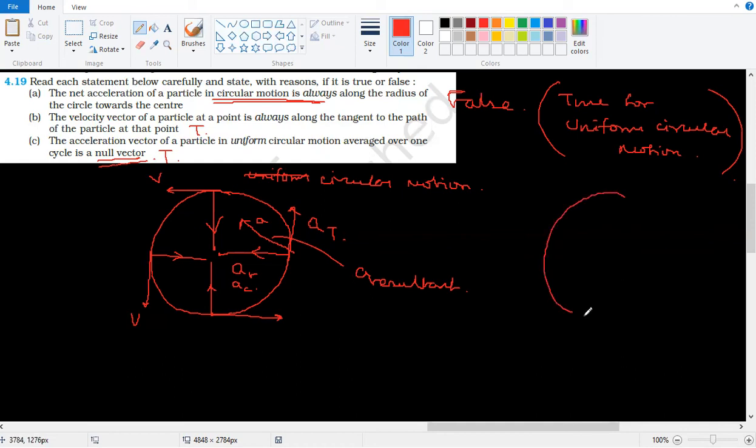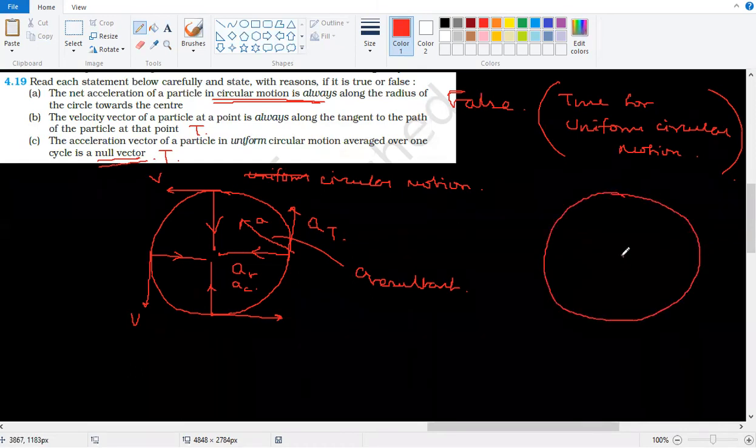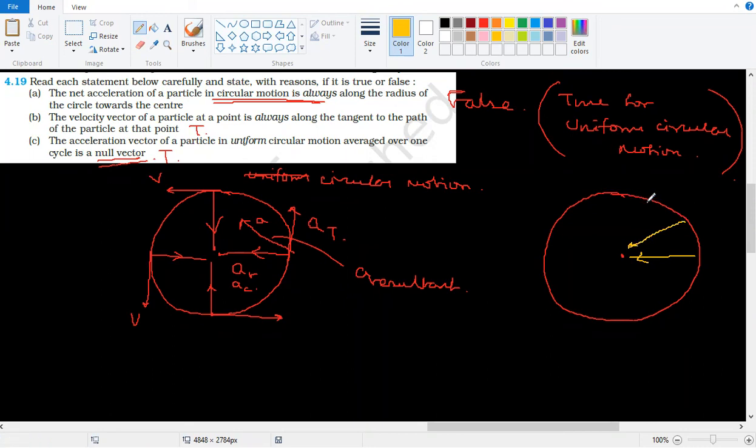Let me draw it one more time. So this is one acceleration, this is another acceleration. So at every point the acceleration is something like this. So if I add all these vectors, what will happen? It will become 0. That's what they mean by average over one cycle.